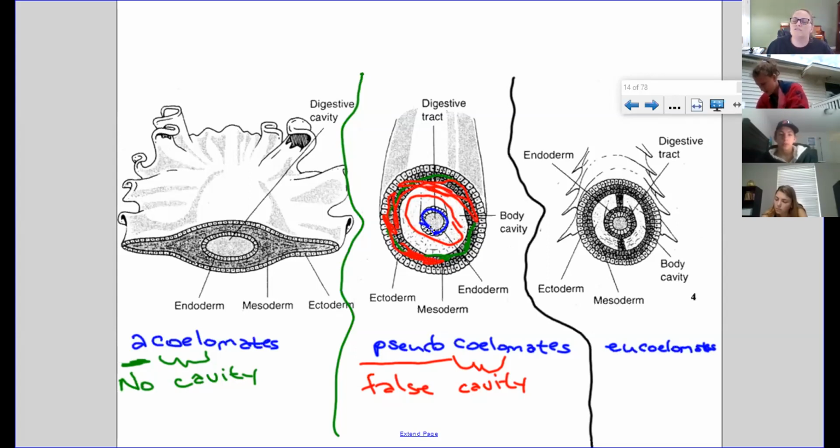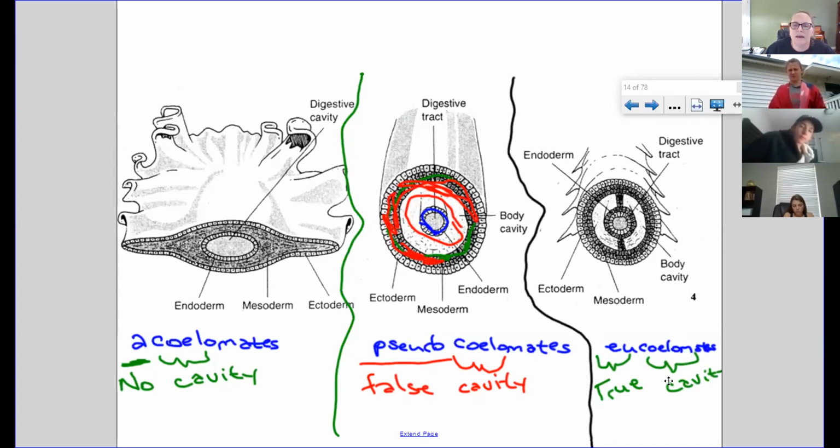Very good. So these guys started to get a body cavity to protect them, but they don't have a full body cavity. We don't get to that until we get to the eucoelomates. Does anybody know from Latin class what eu means? Yep, true. So these guys have a true body cavity, and it is surrounded by muscle tissue on both sides.